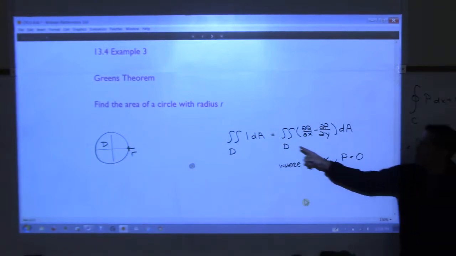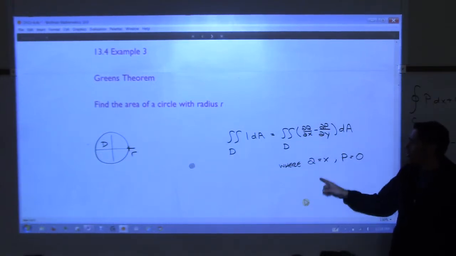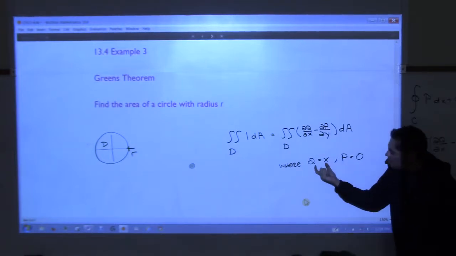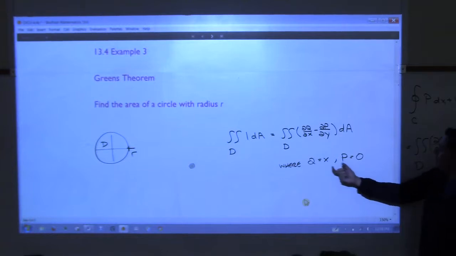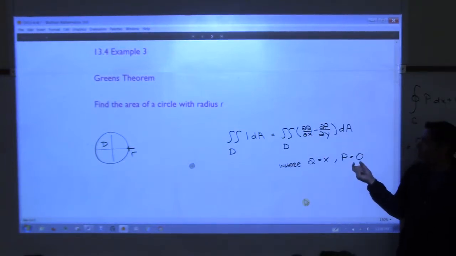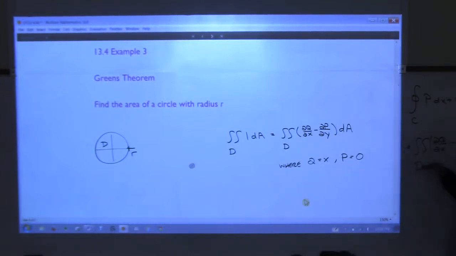I'm rewriting it as these two partials subtracted, where I'm defining the Q and the P to be these two. Why do I define them this way? Because when I take the partial of this with respect to x, I get 1, and when I take the partial of this with respect to y, I get 0. So that Q and that P would work, right? So now go back up to this.